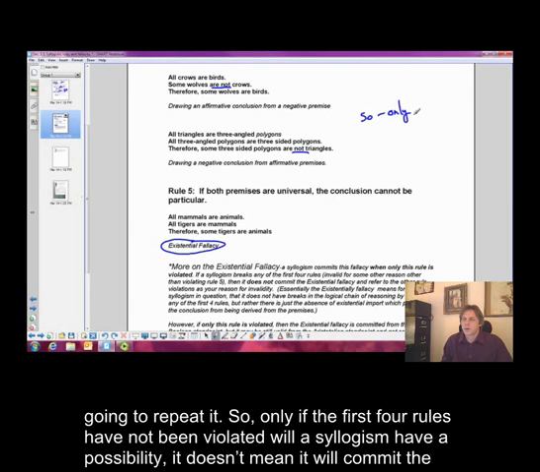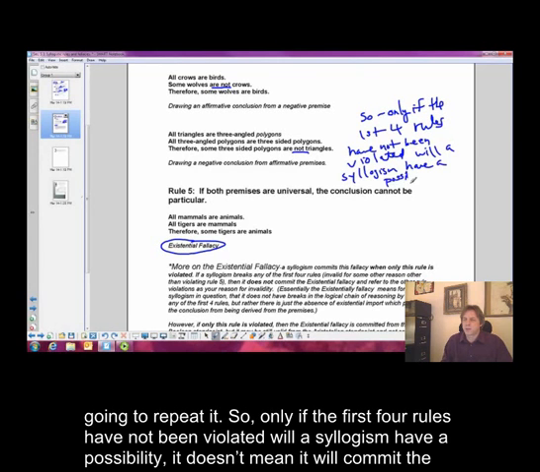Only if the first 4 rules have not been violated will a syllogism have a possibility of committing the existential fallacy.